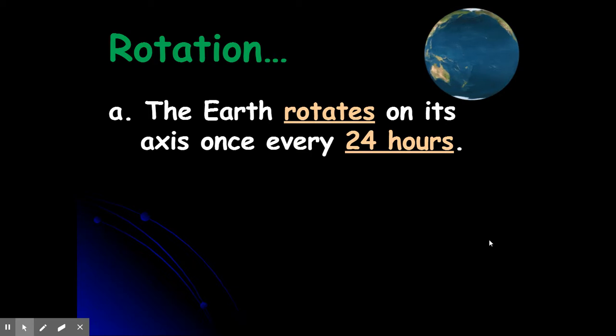So when the people got together many years ago and talked about how we were going to measure time and how time passes, they decided that they would round the length of time it takes the Earth to spin from 23 hours and 56 minutes and just make it 24 hours. There are ways later on in our calendar that account for that extra 4 minutes there. We'll talk about that a little bit later on. So, for your purposes, you need to know that the Earth rotates on its axis once every 24 hours.